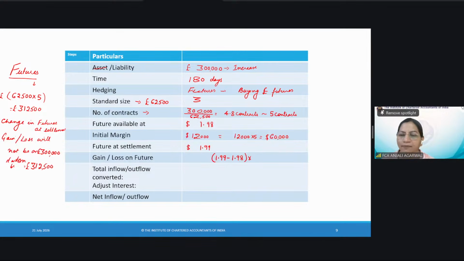And you had 5 contracts with 62,500. So your futures gain would be 0.01 into 312,500. You will gain $3,125.